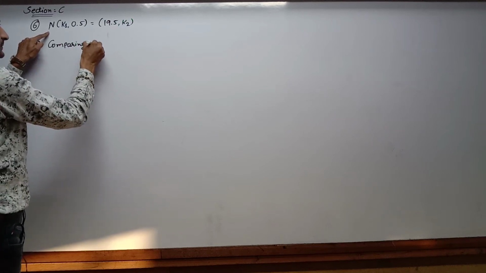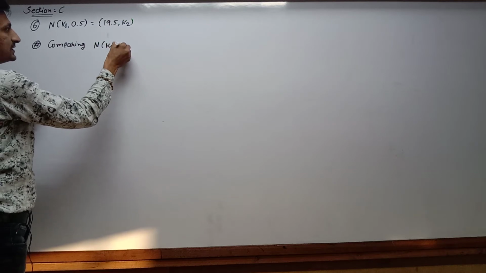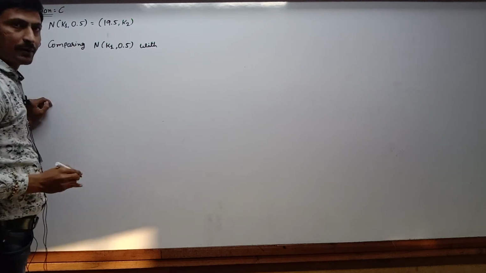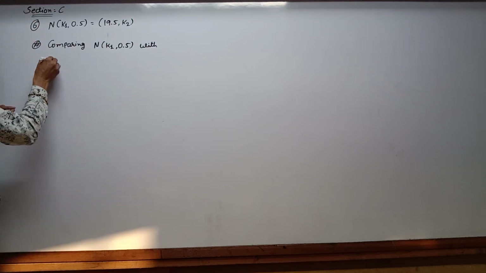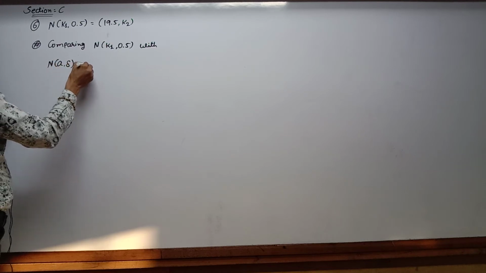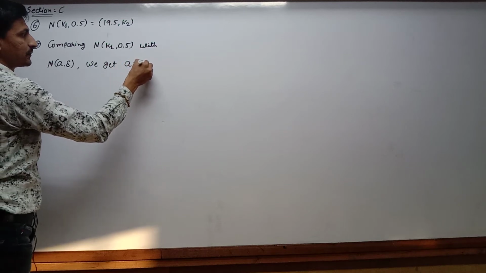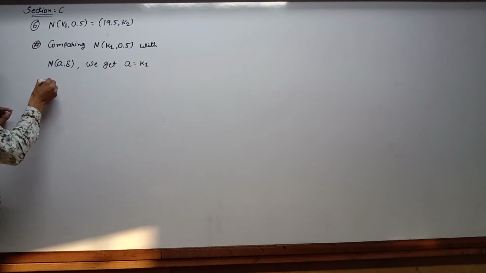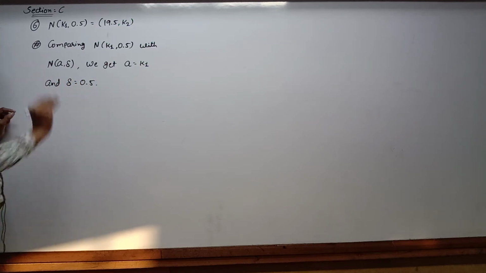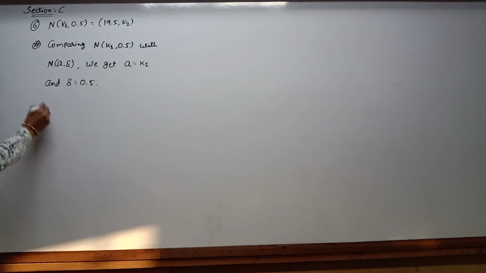So first, comparing capital N in bracket K1 comma 0.5 with neighborhood form capital N in bracket a comma delta, we get a is equal to K1 and delta is equal to 0.5. Now second bracket, compare to interval form.